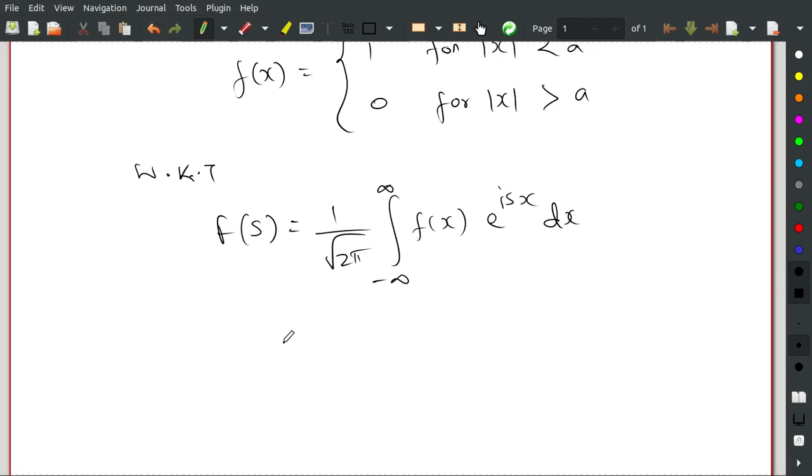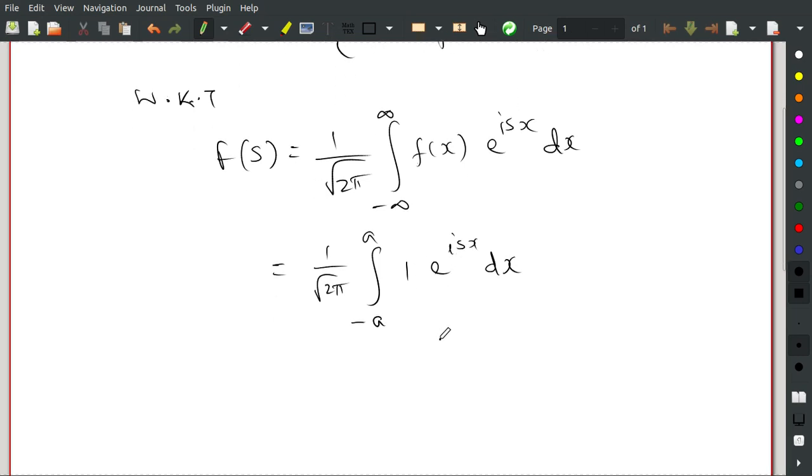Therefore, for our case we have 1 by root 2 pi integral from minus a to a, and f of x is 1 within this limit, e power i s x dx. For x greater than a, it's 0. So this is the only integral we have to evaluate.